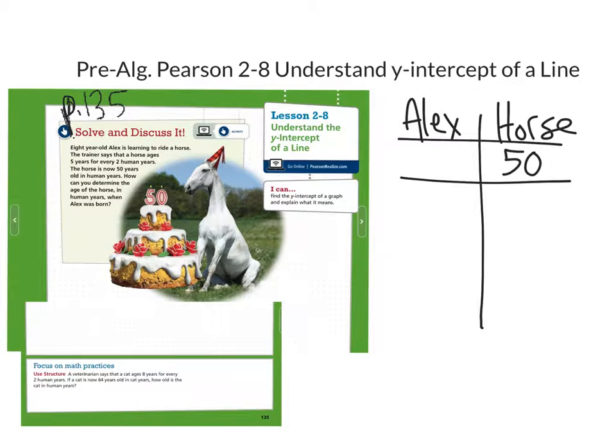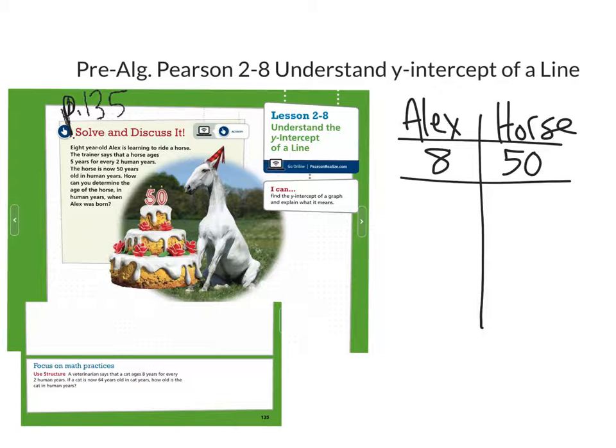And it says the very first part in the problem, 8-year-old Alex. So Alex is 8 and the horse is 50. We're going to want to figure out the age of the horse in human years when Alex was born.